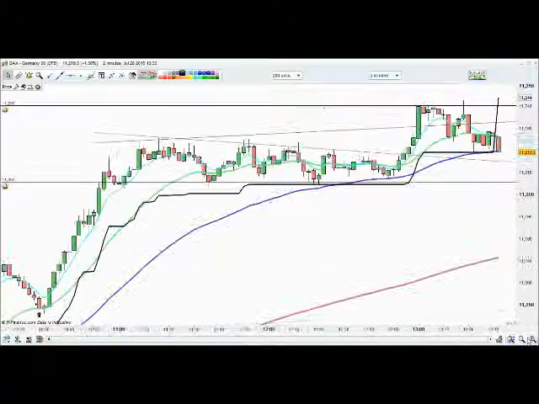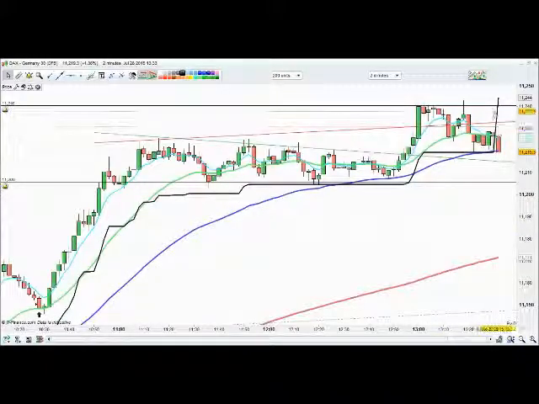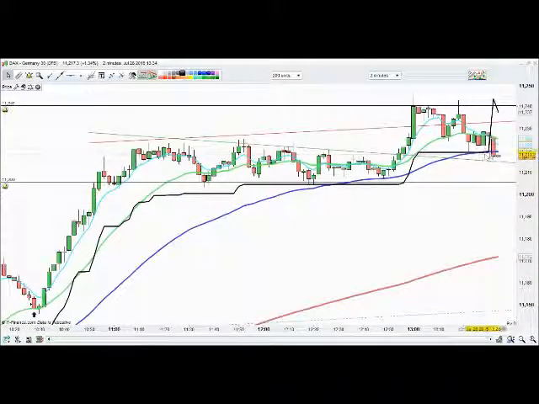Okay, so just back again, and you can see it's just testing this point here as I said it would, and we'll see whether it breaks that or uses it as support. Okay, so it's actually closed below my line here, which is very good news for this trade, and you will have a pleasant surprise to see what happens next.